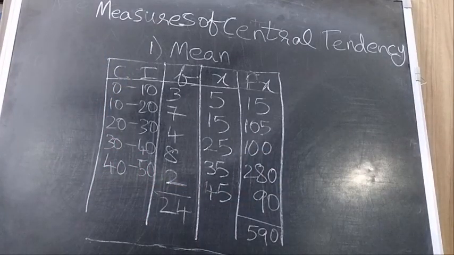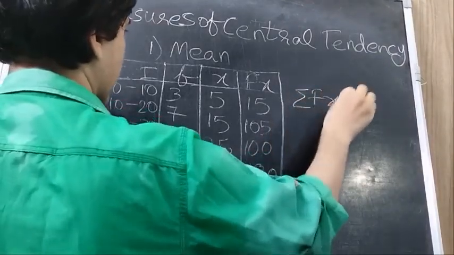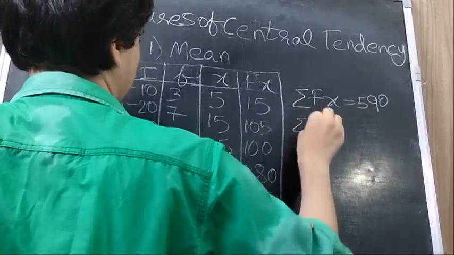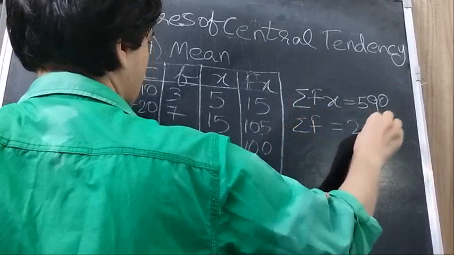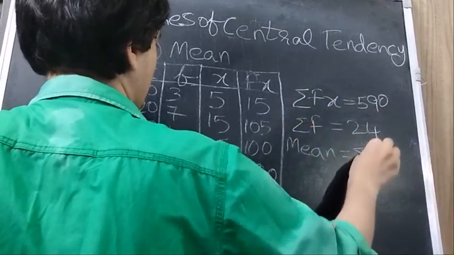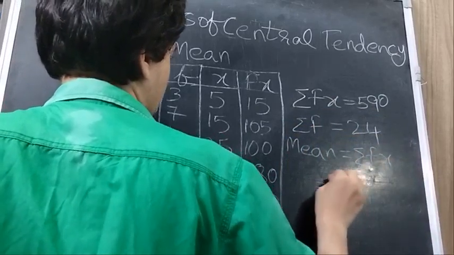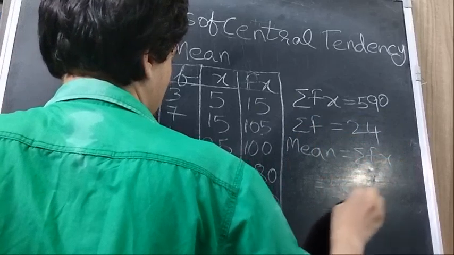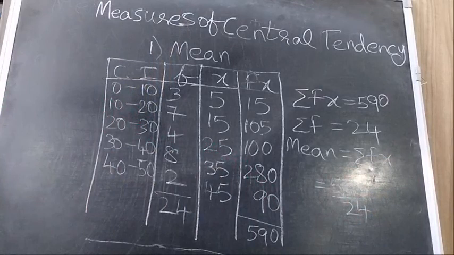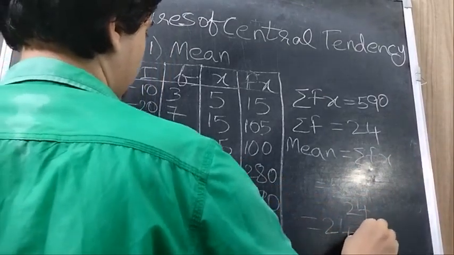So we have got sigma fx as 590 and sigma f as 24. Now substitute in the formula. Mean is equal to sigma fx by sigma f, that is 590 by 24. How much will you get? Answer is 590 divided by 24 is around 24.58 you will get.